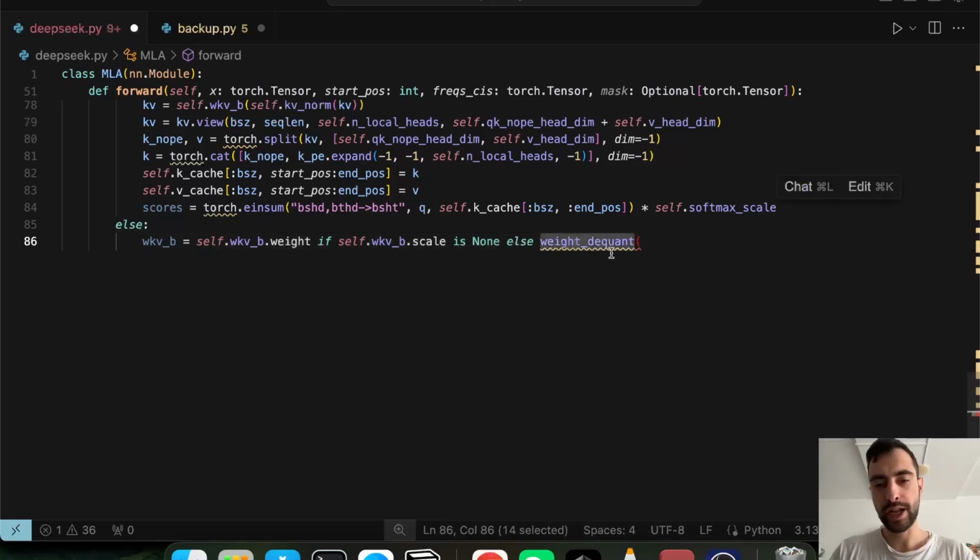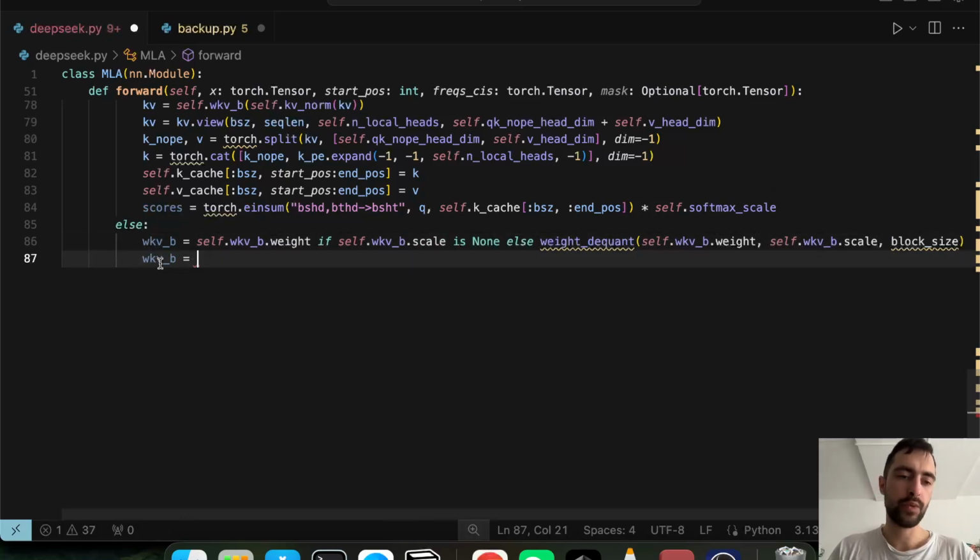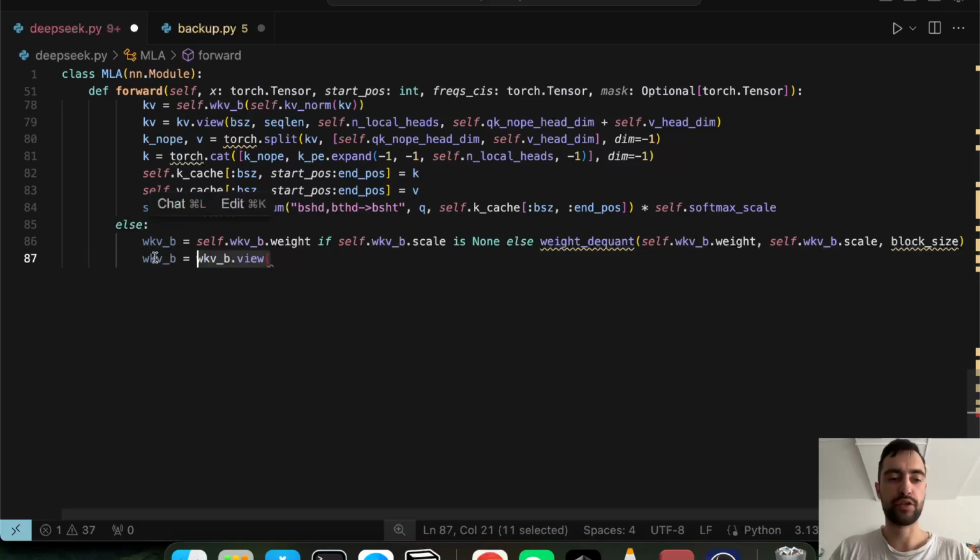Else, weight dequantize, and we will just pass the parameters to this function that we will define: weights, scale, and block size. Then we continue working on this vector. We need to transform its shape.